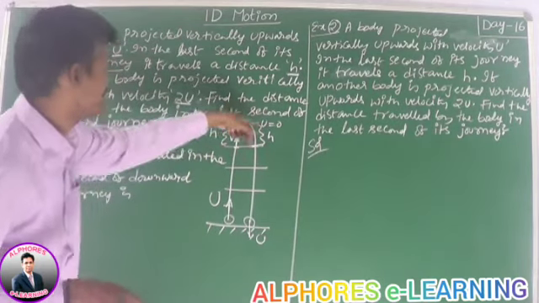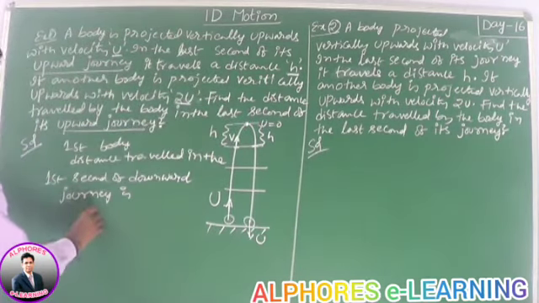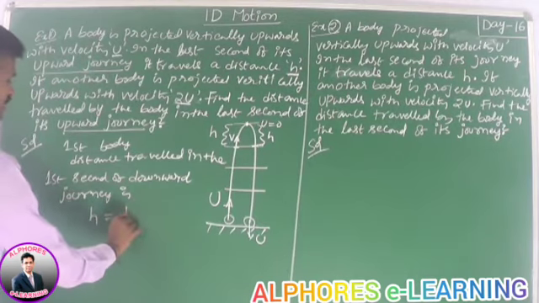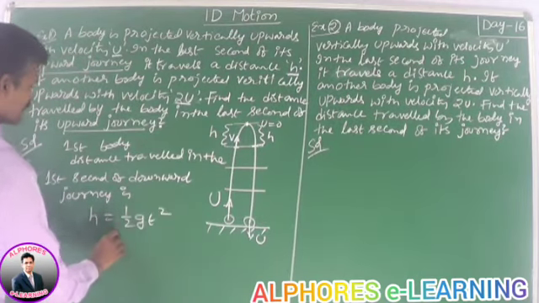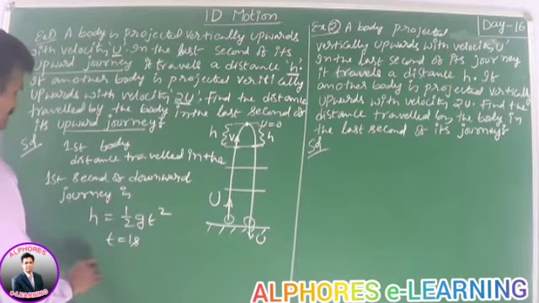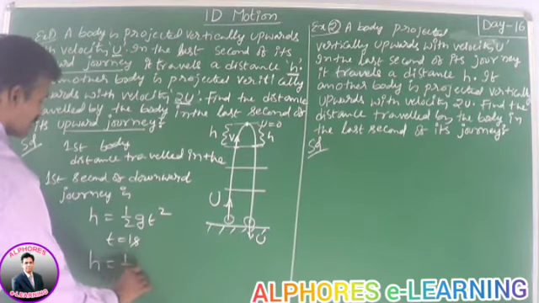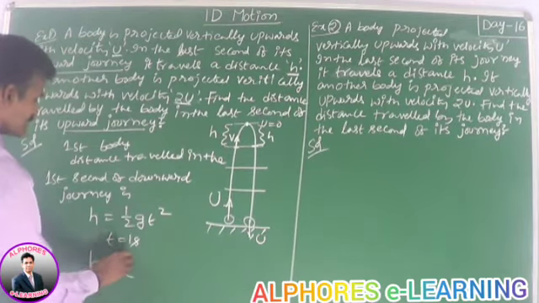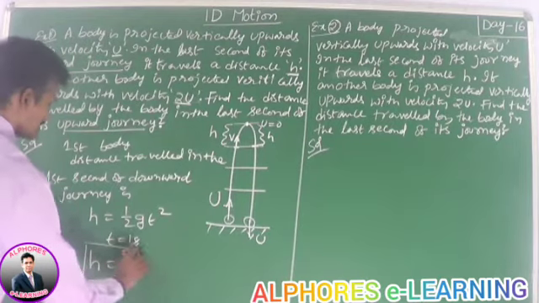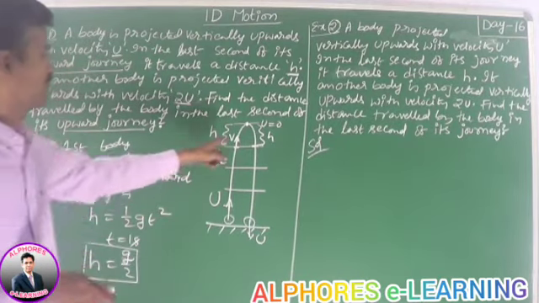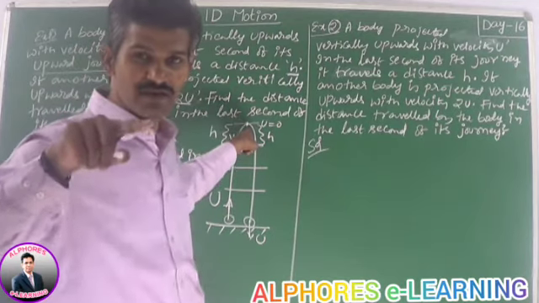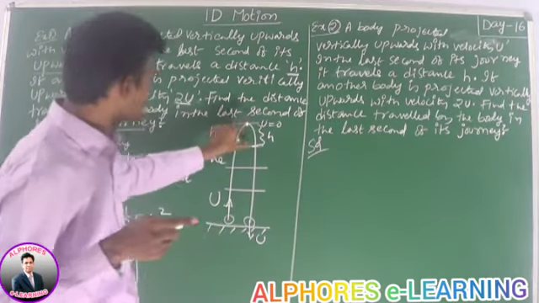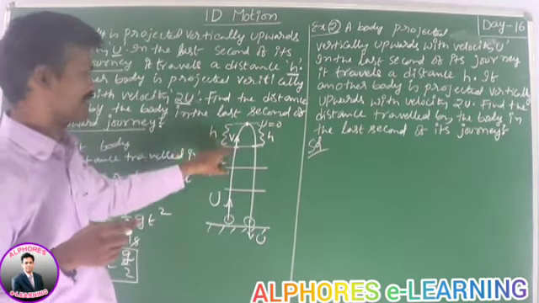Why? Because it is falling freely. So I am using this distance h is equal to half g t square. Here my t is 1 second. Then this h is half g, that is simply g by 2. This is the distance traveled in the first second of the downward journey. The distance is equal to that in the last second of its upward journey.